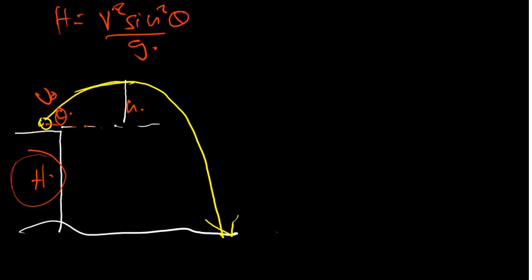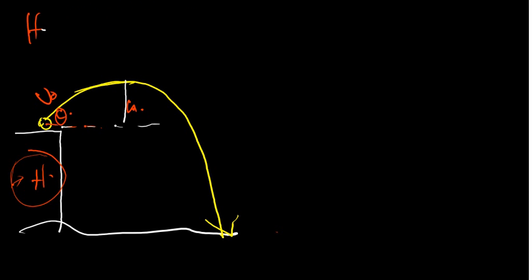So in short, it's just a matter of finding the h and then adding it to this capital H. Like I said, we use v squared sine squared theta everything divided by 2g, sorry, not g but 2g. That is the formula we found in the second trajectory.